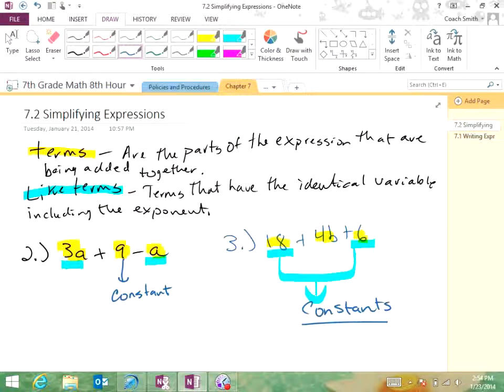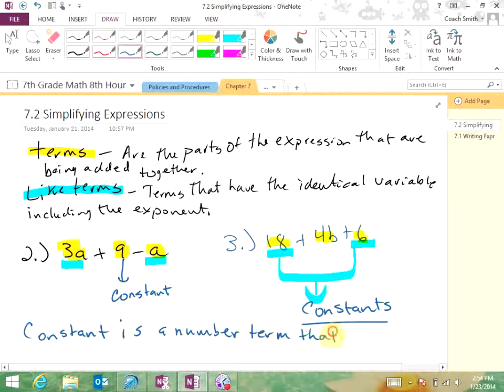No, it's always 9. Okay? So a constant is a number term that does not have a variable.